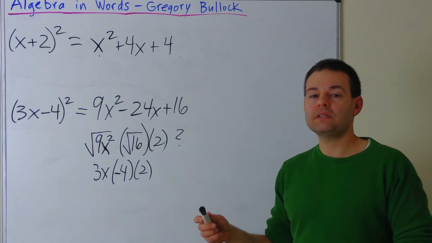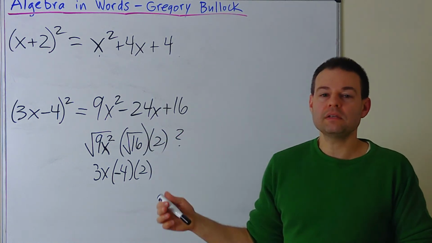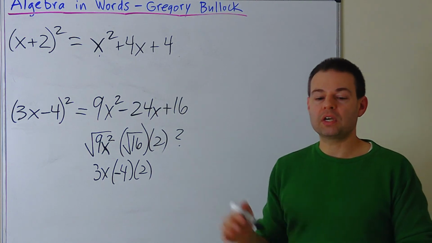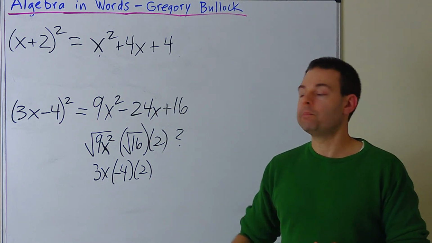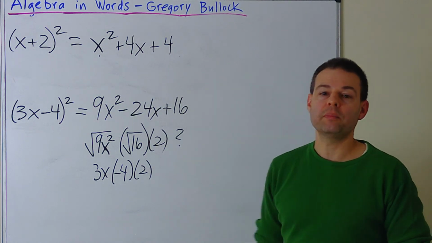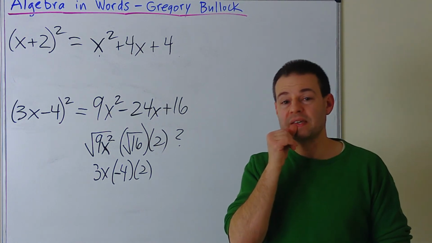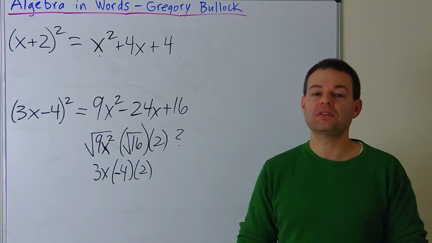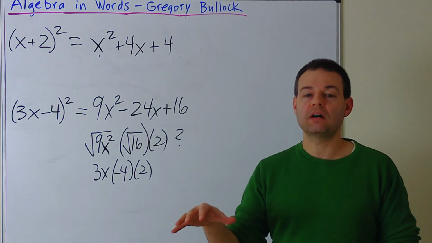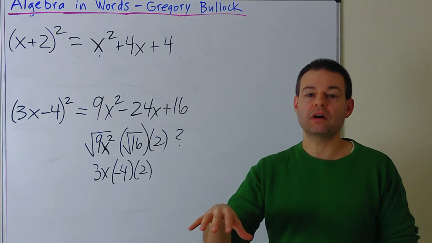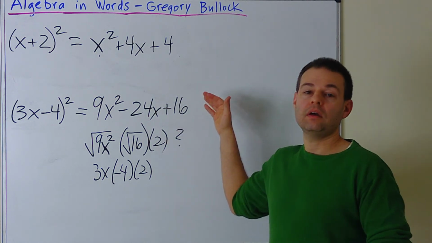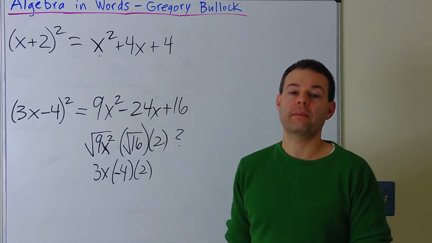And it may sound easy and it may look easy now, and it is easy. However, what becomes the challenge is when you have a bunch of different forms of trinomials and quadratic expressions or equations mixed together. What becomes the challenge is identifying what type they are, and once you identify what type they are, that's how you know how to factor them and what to factor them back into.